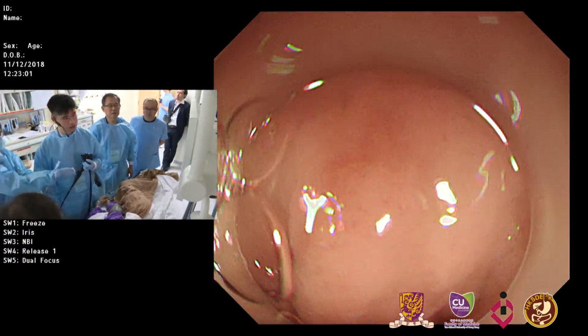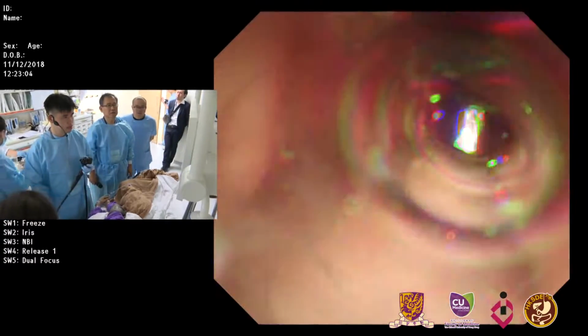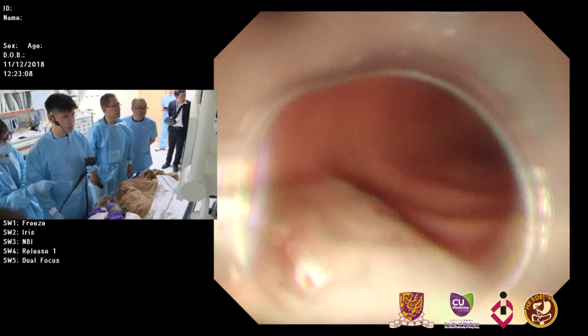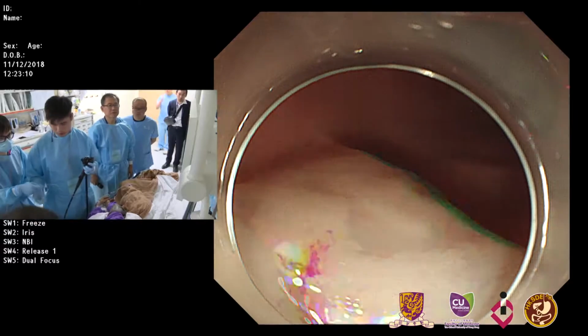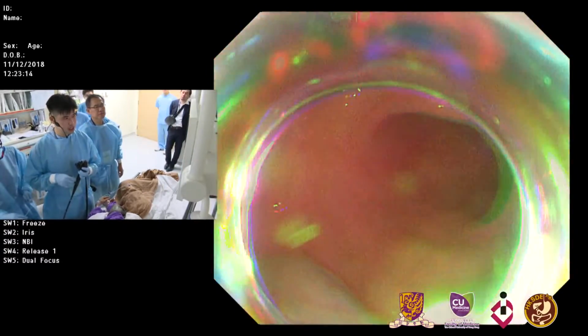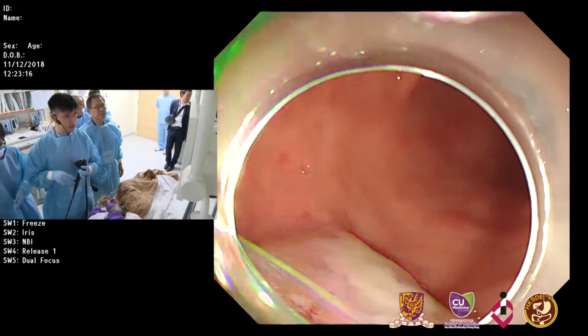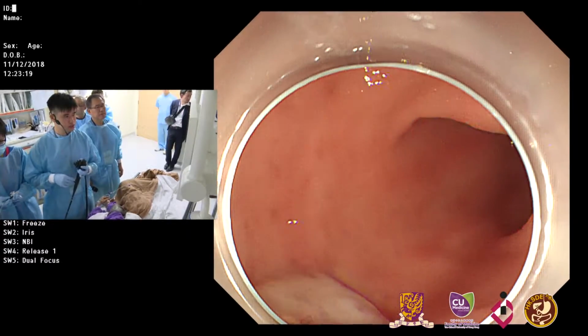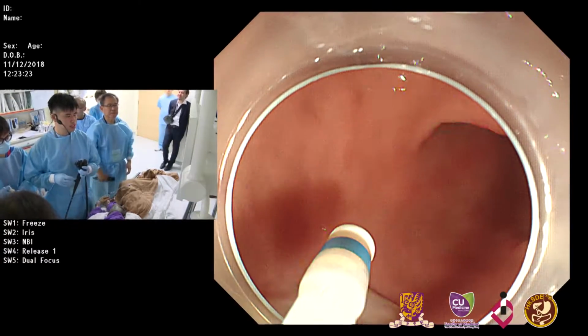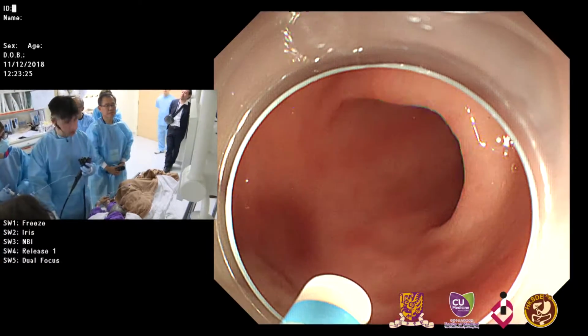Okay. Dual knife. So now I'll use the dual knife to make the first incision, and then we can complete the mucosal incision with the use of the IT2 knife. When doing mucosal incision, the first mucosal incision is usually done by a cutting current.